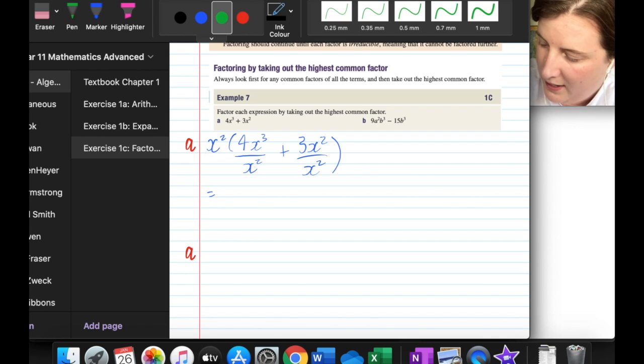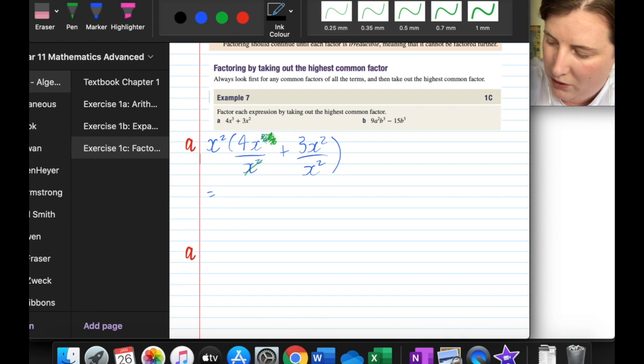You can see x cubed, x squared. What's 3 take 2? It's 1. X squared, and we get x squared out of 4x plus 3.